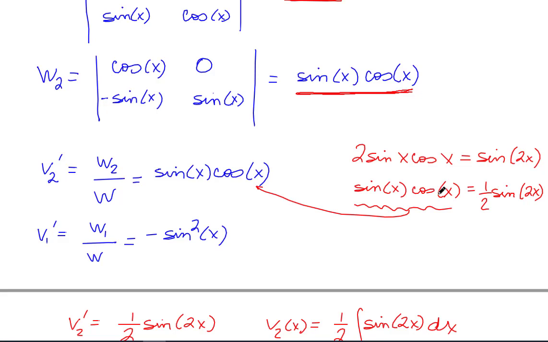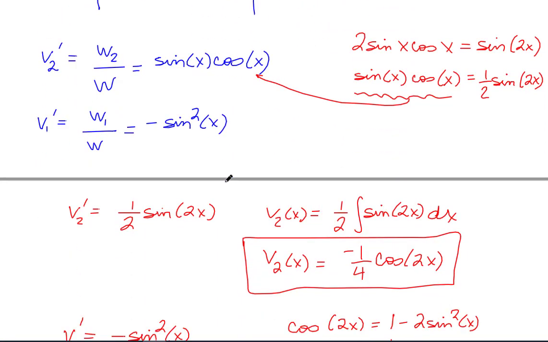So dividing by 2, the relationship for sine x cosine x is 1/2 the sine of 2x. Why do that? Because integrating this is much easier than integrating sine x cosine x.